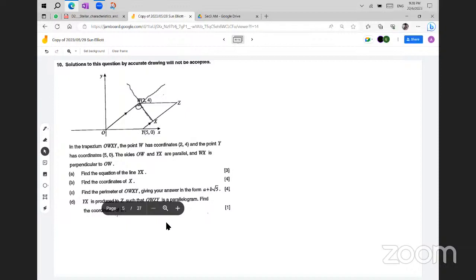I thought just now in part A, we found the equation YX, right? That's for part A. Did we actually find equation WX, really? Where is it then? We discussed how to find it, but we have not found it, right? We have just the gradient. Yeah, there's no C.